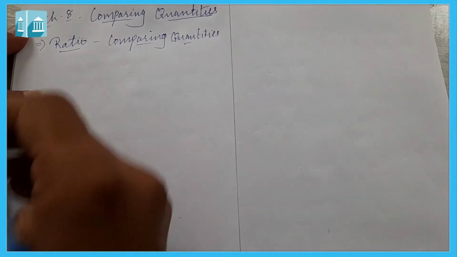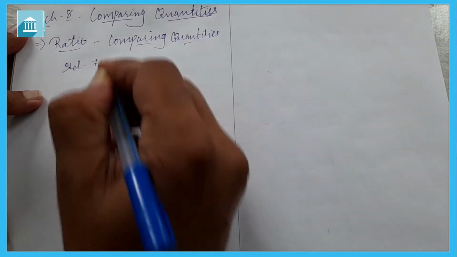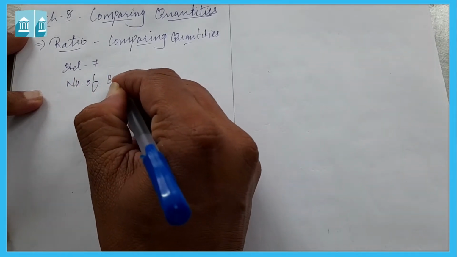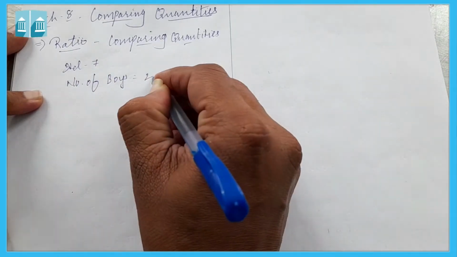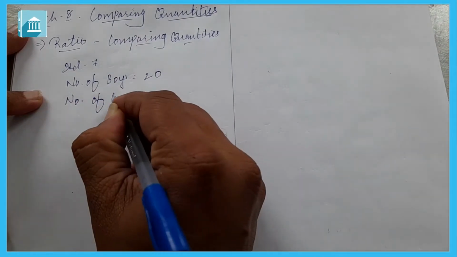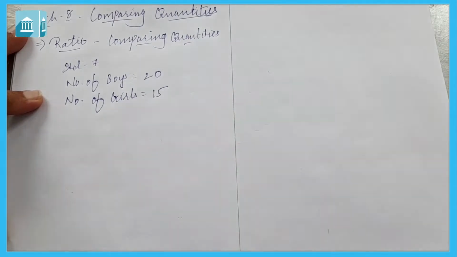For example, in 7th standard, the number of boys is equal to 20 and the number of girls is equal to 15.